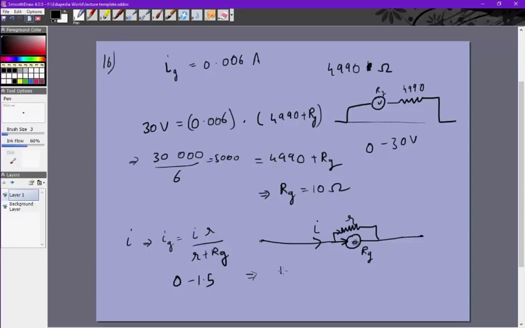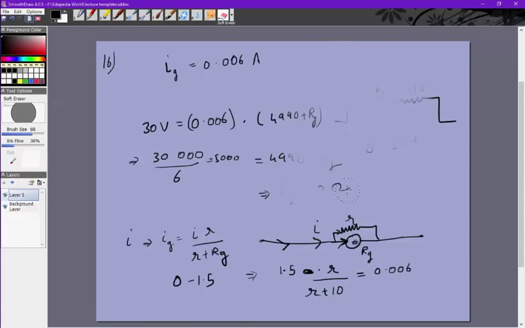Which means 1.5 into small r by small r plus 10 is equal to 0.006 amperes. So 1.5 goes in, which means that 0.006 goes through the galvanometer, which is the maximum possible value. So we'll need to solve that. I'll just rub out this voltmeter part.